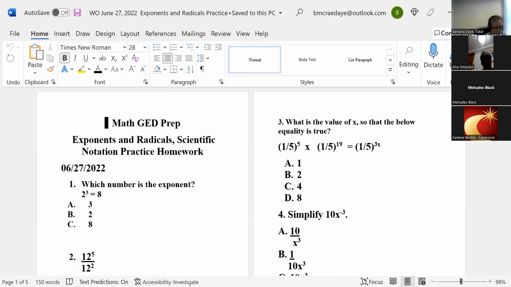Okay, 2 is the base, right? 3 is the exponent, and this is what it is equal to, because this is when you say 2 times 2 times 2. 2 to the 3rd power means multiply 2 by itself 3 times.